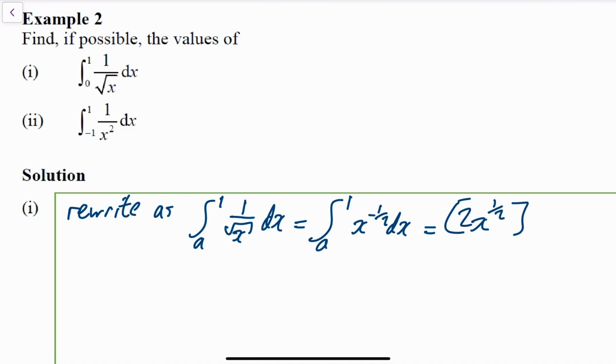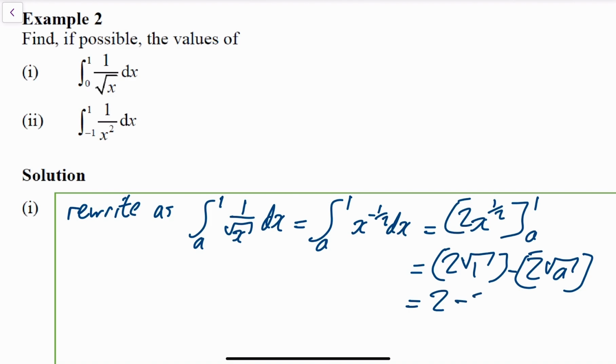So that's what you have. That's between 1 and a. And then if you put the 1 in, you'll have 2 times the square root of 1 minus 2 times the square root of a, which is just going to be 2 minus 2 root a.